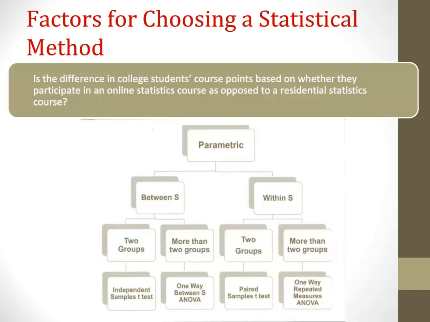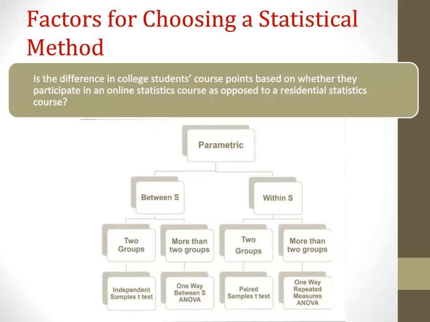Now, as you can remember, and as I said before, sometimes it's not quite so simple. This is a simple scenario that we walked through. Sometimes it's not quite so simple. And sometimes there are multiple or different analyses that you could use. One example here could be that you could use an independent samples t-test, but you could also use a one-way ANOVA.